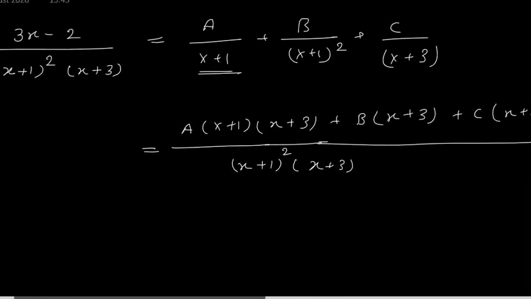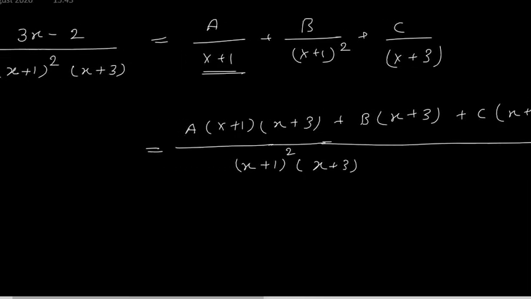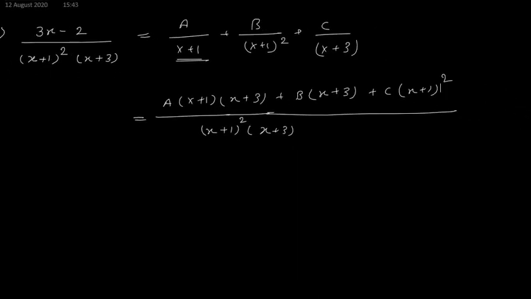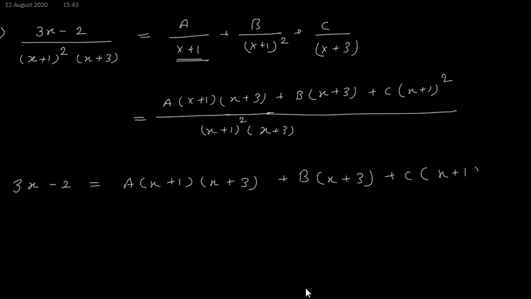Now as the denominators are the same on both sides, we are going to write only the numerators on both sides. So I have 3x minus 2 is equal to A times x plus 1 into x plus 3. Then plus B times x plus 3. Then C times x plus 1 the whole square.